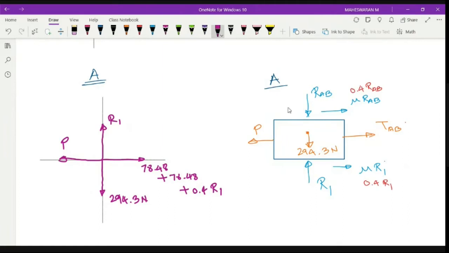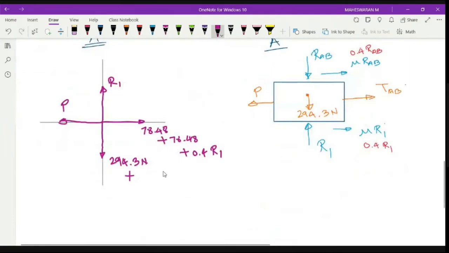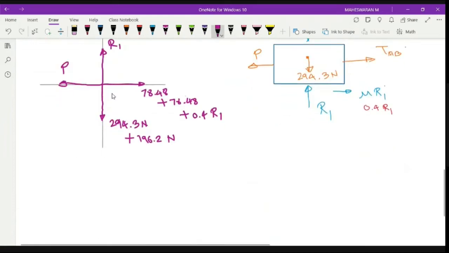Yeah, sorry, that's what I missed, one force, which is RAB. RAB we already identified, which is 196.2. So I am substituting here. So I think now it is very good. So it is linked. Now let us proceed with this.